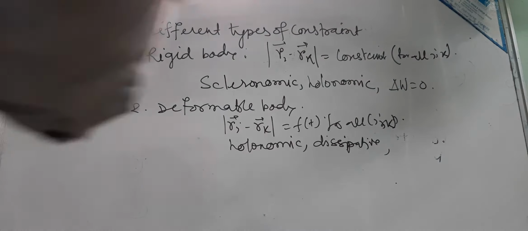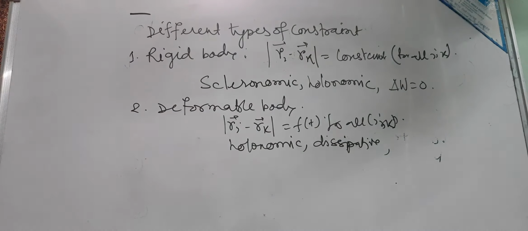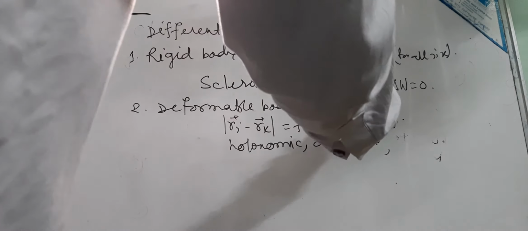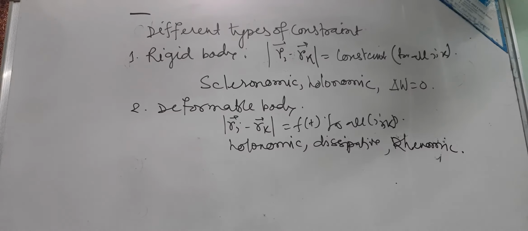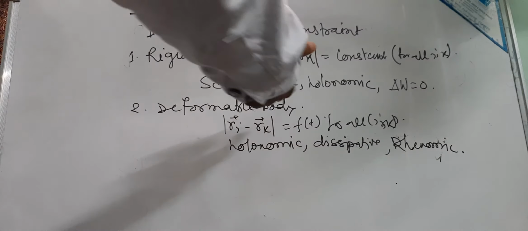The distance between two particles changes because it is a function of time, and it is holonomic, dissipative, and rheonomic. Rheonomic means it depends explicitly on time. So firstly rheonomic, then the distance between two particles changes, so dissipative, and it is holonomic, which we are able to write down in the form of equations.